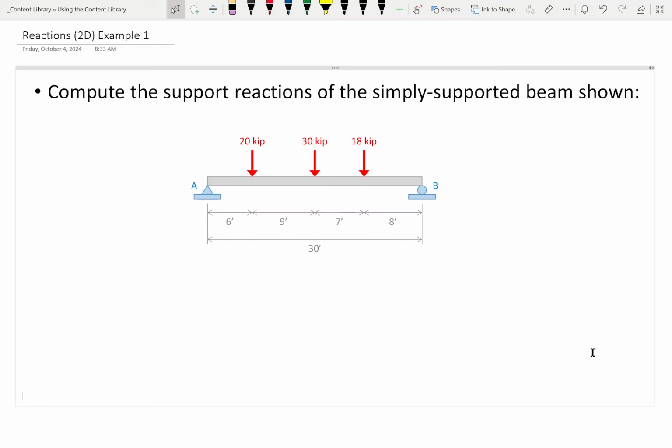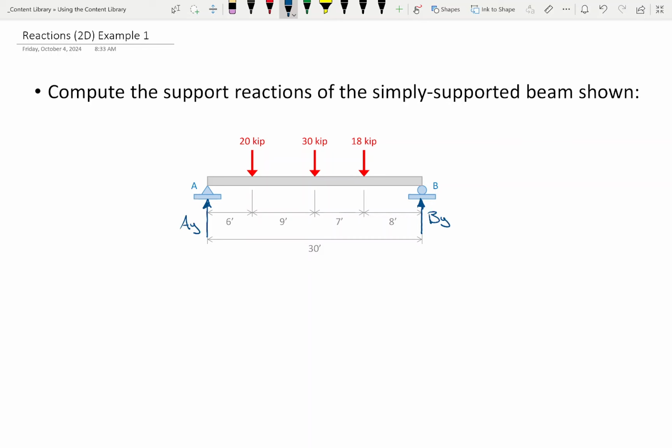Like if I'm standing on top of this table, the table's got to hold me up, right? Okay? So what I'm going to do is here at this triangle, I'm going to draw an upward force, and I'm going to draw an upward force right here. And I'm going to name those. We're going to call that BY. We're going to call that AY.